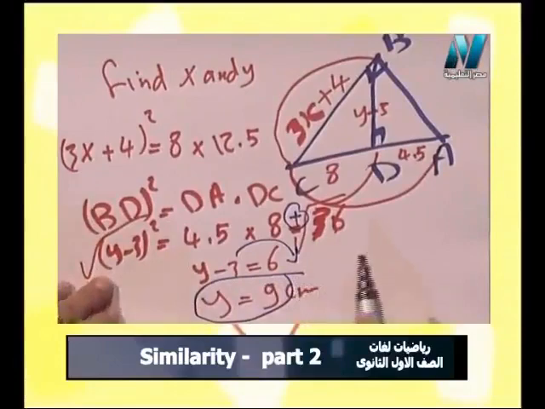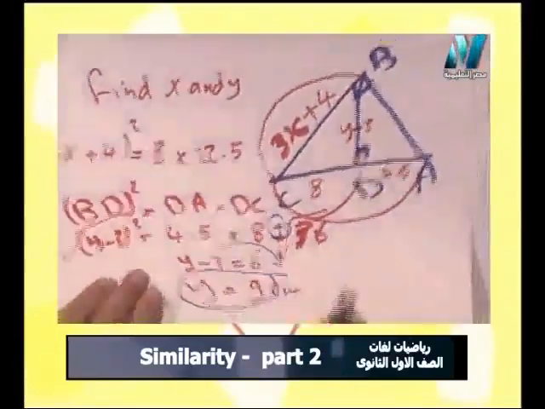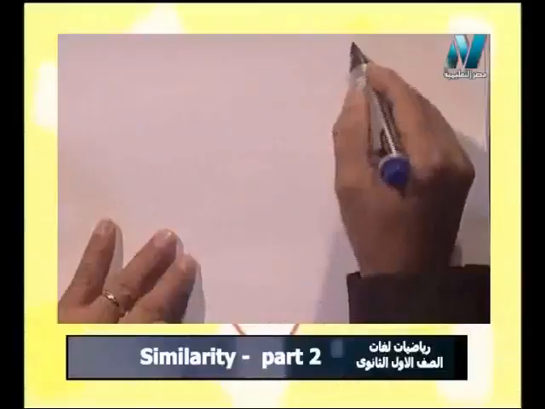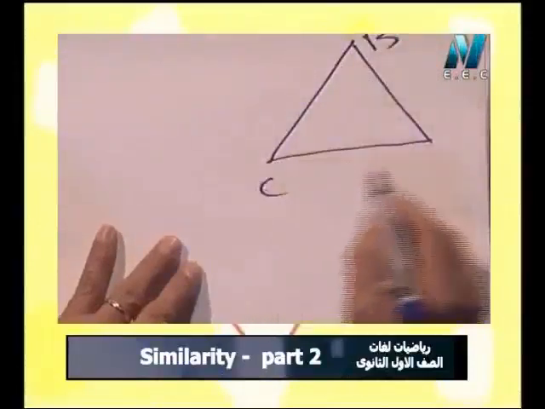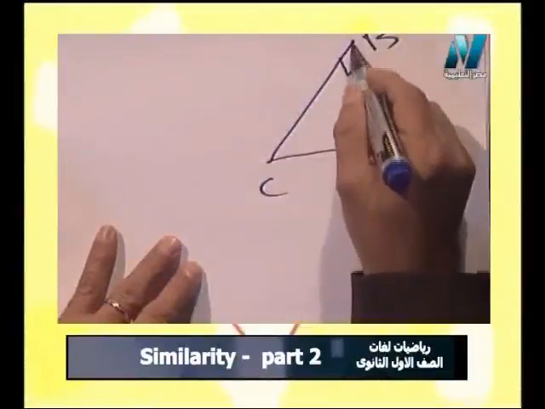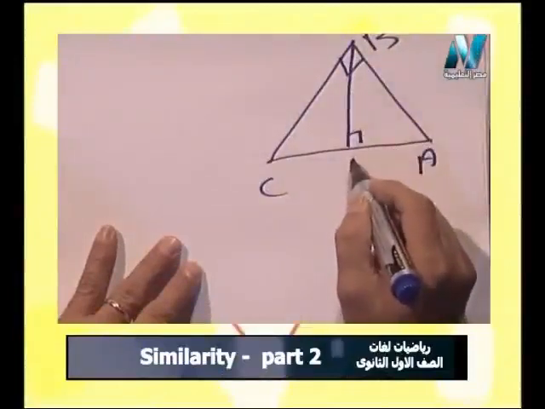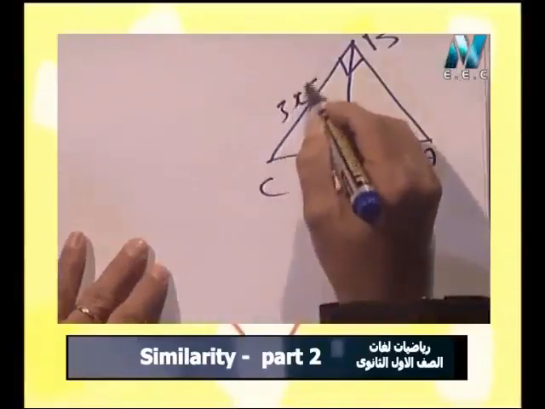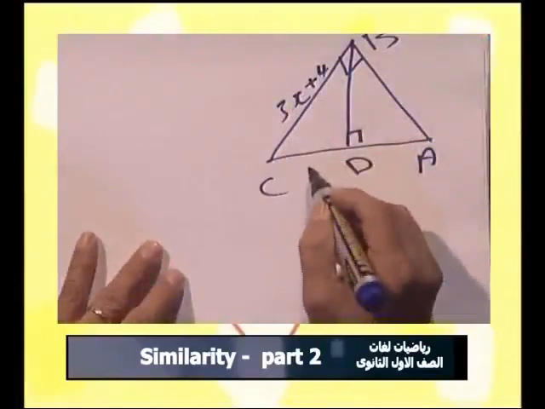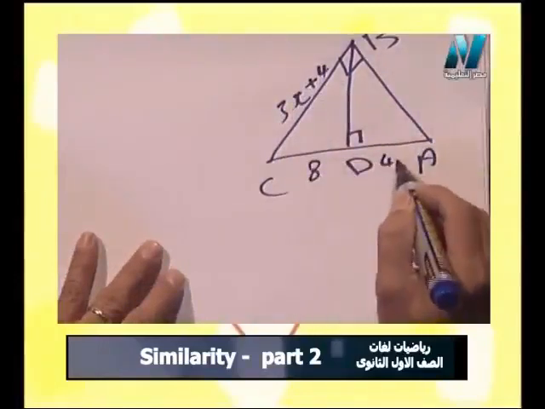Okay, let's go to the second part of the question. We have to draw it again. Right angle triangle BCA, and perpendicular to AC at D, and we have 3x plus 4, and we have 8 here, 4.5.